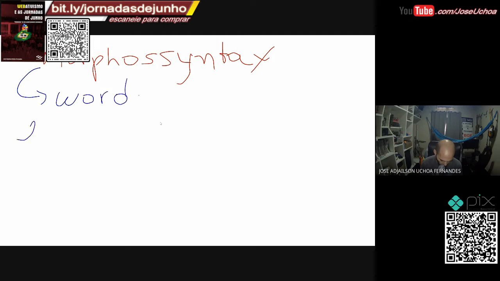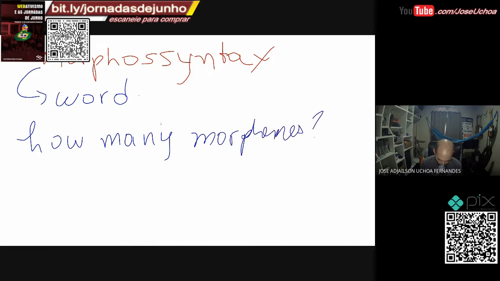Now, my question is, how many morphemes are in this word? How many morphemes do we have in the word morphosyntax? Just by feeling. 2.